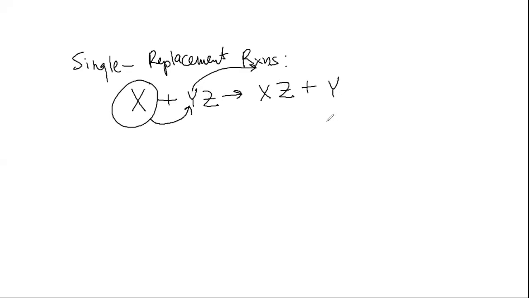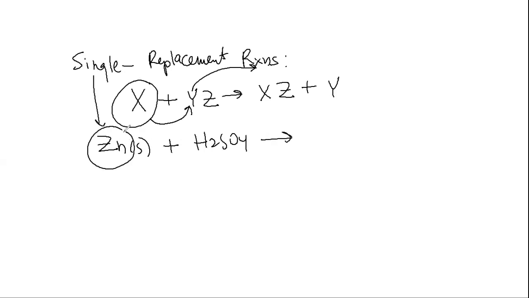Now, what are the examples of a single displacement reaction? One comes to my mind. Actually, I look at the textbook now, I can see a very good example. Let's say I got zinc solid, and it reacts now with, let's say, H2SO4. And so what's going to happen here, remember, single displacement, single elements will now come in and kick the hydrogen out, and it will take its place.